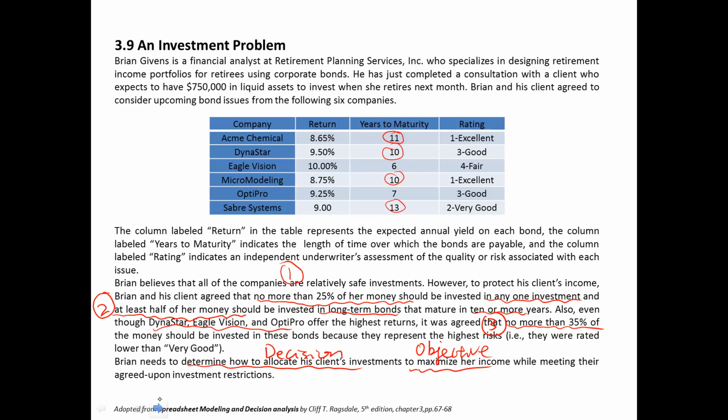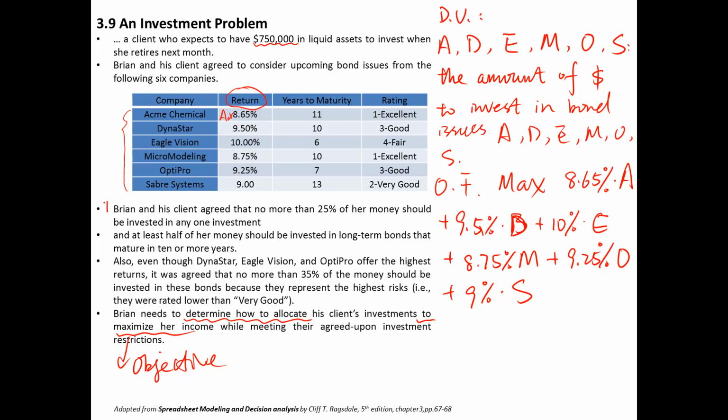And as we go through more problems, I hope you will develop the sensitivity that when you see words such as no more than, at least, another no more than, you will recognize these are the keywords that represent a constraint will be needed. So here, no more than 25% of money should be invested in any one investment.